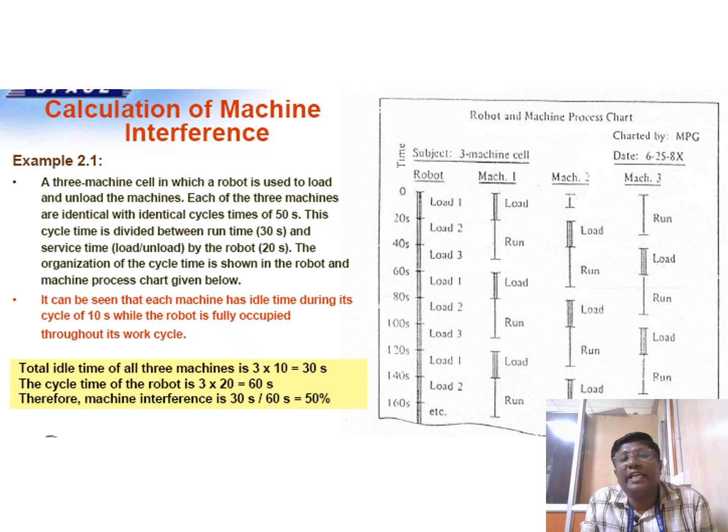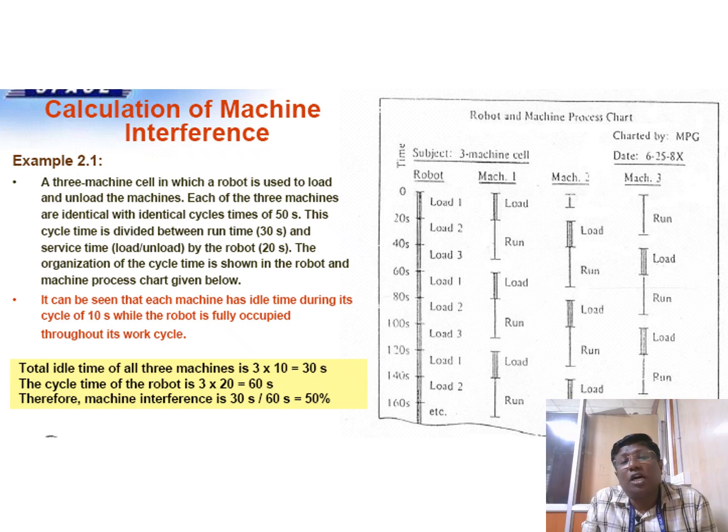When it takes the third load, it goes to machine 3. At that time machines 1 and 2 are running their operations. After 60 seconds, the fourth load goes to machine 1, while the other 2 machines are free.